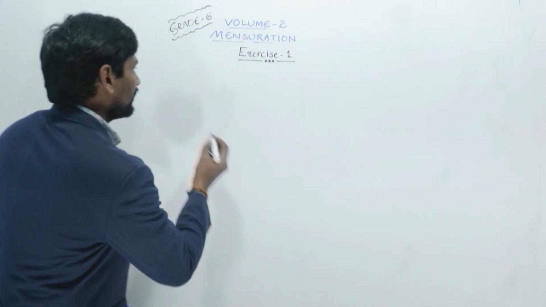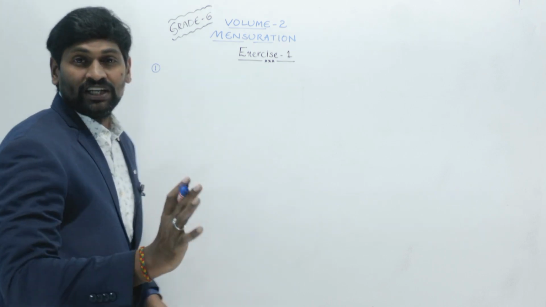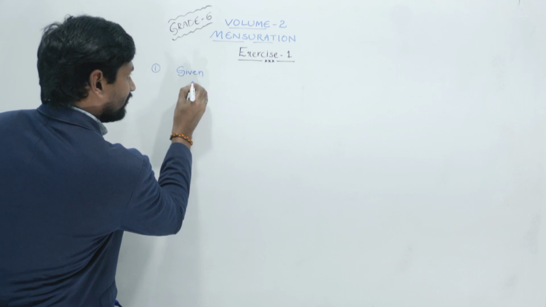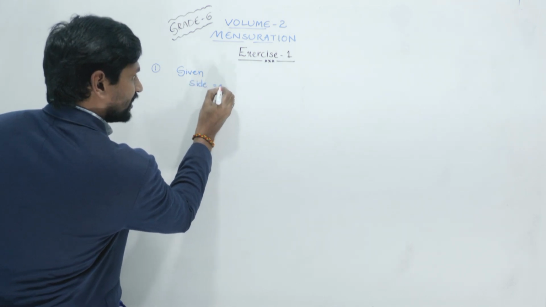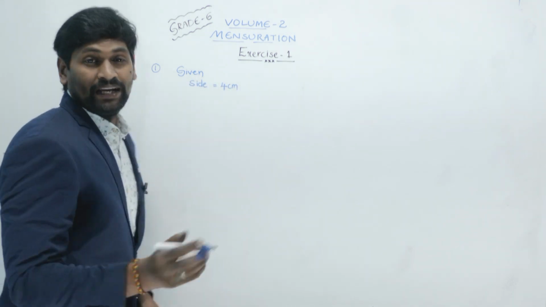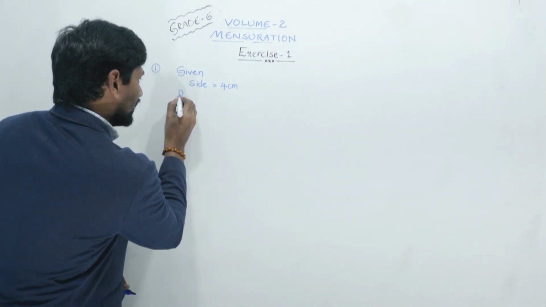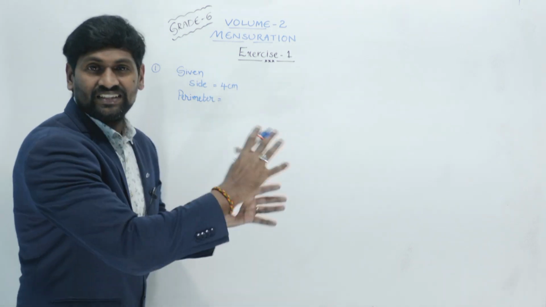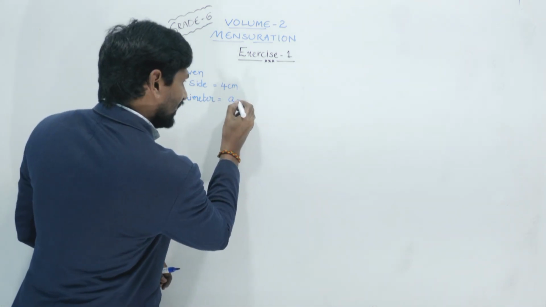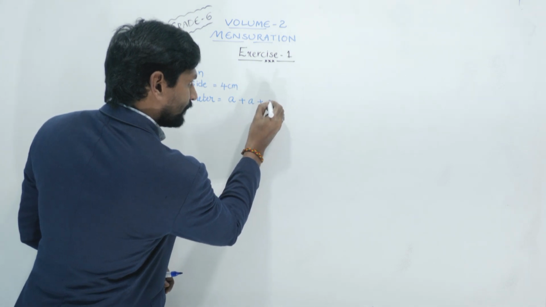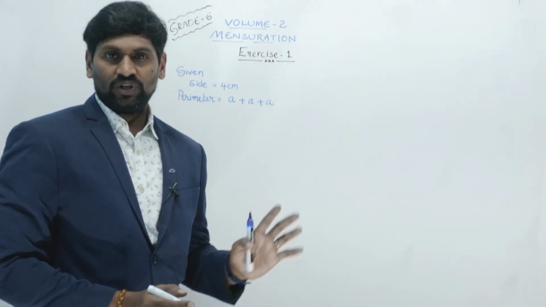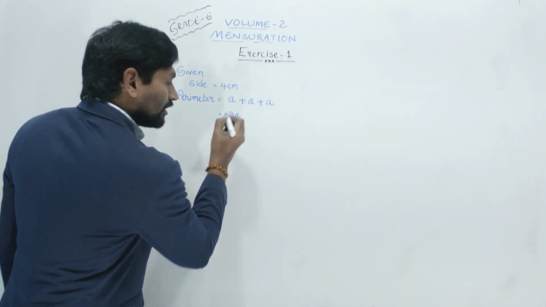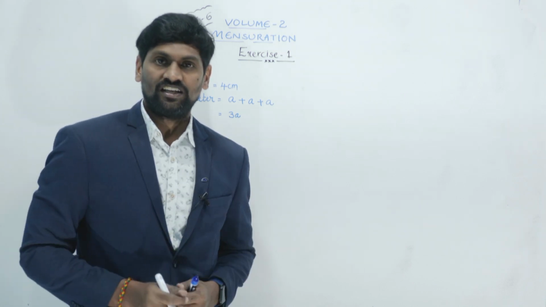The side of the equilateral triangle is given as 4 centimeters. Perimeter is the sum of all sides, and all three sides are equal. If each length is A, then it is A plus A plus A, so 3A is the formula for the perimeter of an equilateral triangle.